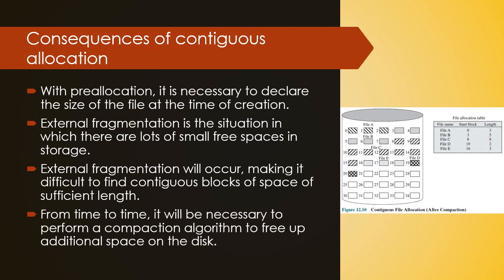From time to time, it will be necessary to perform a compaction algorithm to free up additional space on the disk. If you look at the new picture here, you will see that we have compacted our files. We have moved all the files to the start of the disk and we have defragmented the free space.